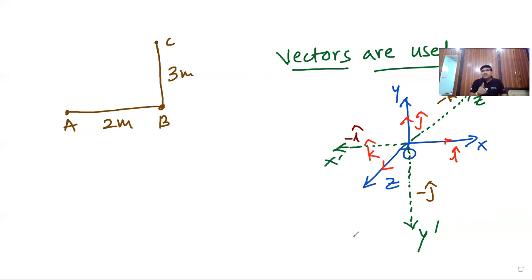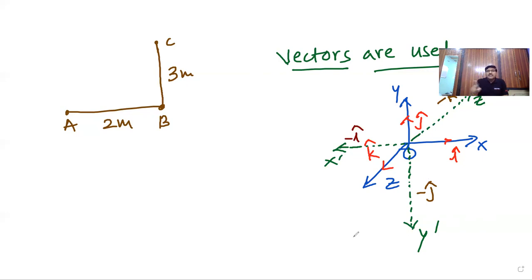That means towards positive x-axis i cap, towards negative x-axis minus i cap, towards positive y-axis j cap, towards negative y-axis minus j cap, towards positive z-axis k cap, and towards negative z-axis minus k cap. Negative means minus.